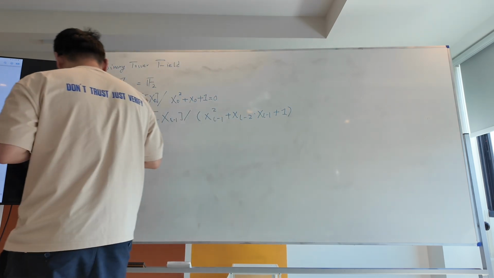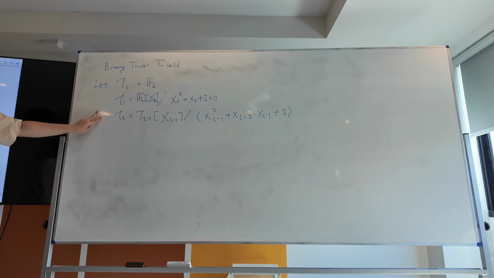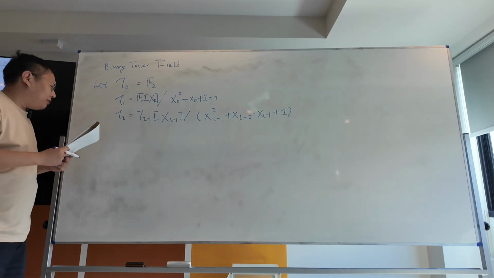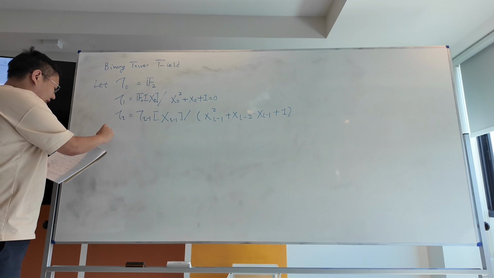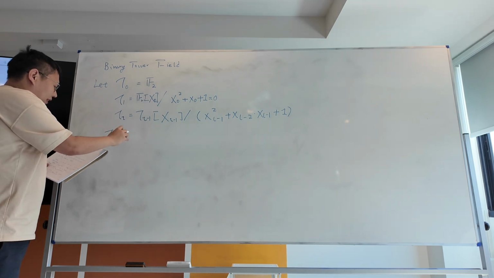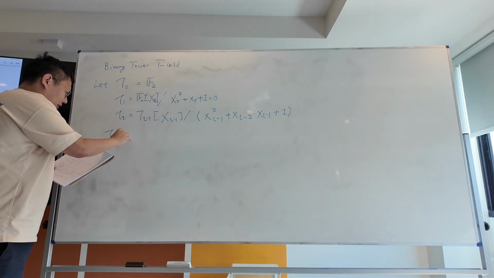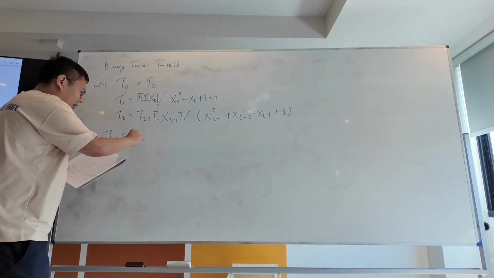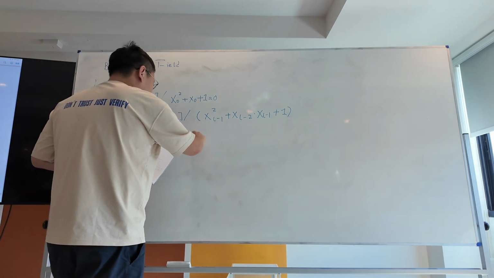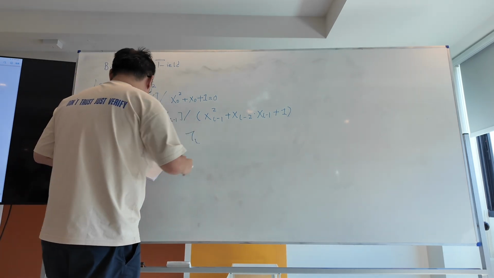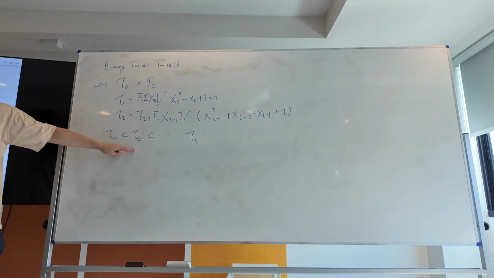If you study finite fields, you can see that we have a tower of fields: tau 0 is included in tau 1, included in tau iota. So in field theory, this is called a tower of fields.